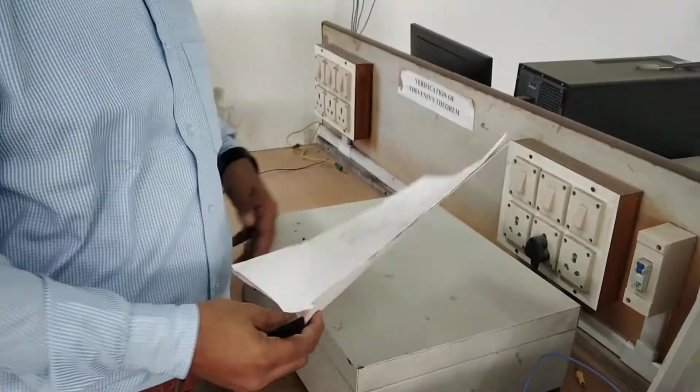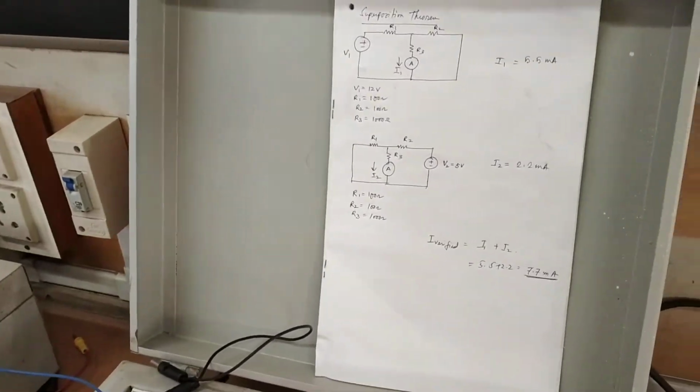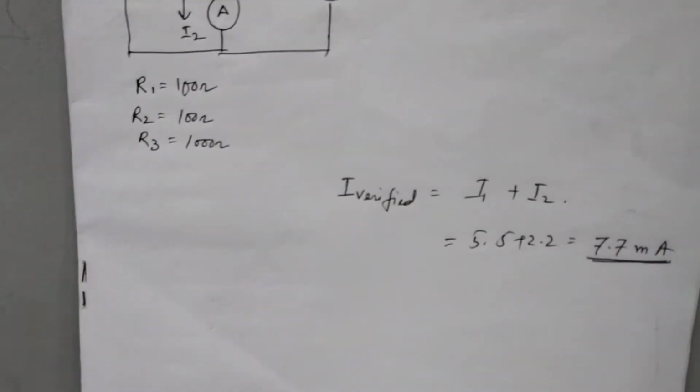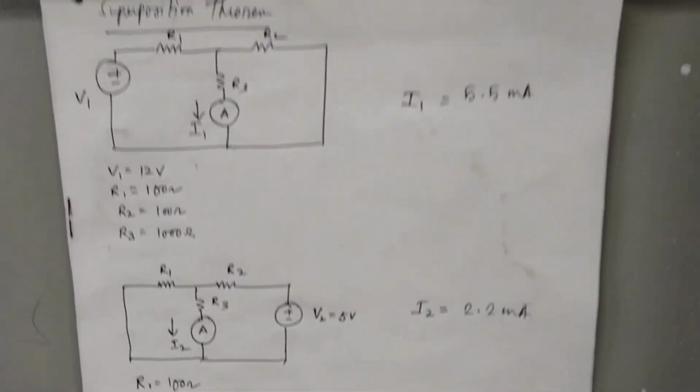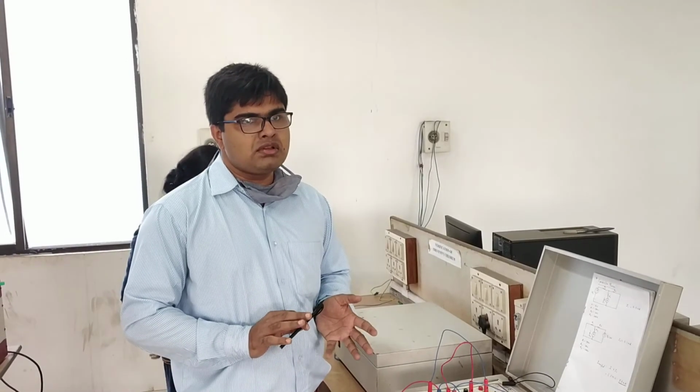Again, this value is quite low, maybe due to some error or some problem in the network elements. However, this must be the procedure to follow in order to verify Thevenin's, Norton's and superposition theorem.